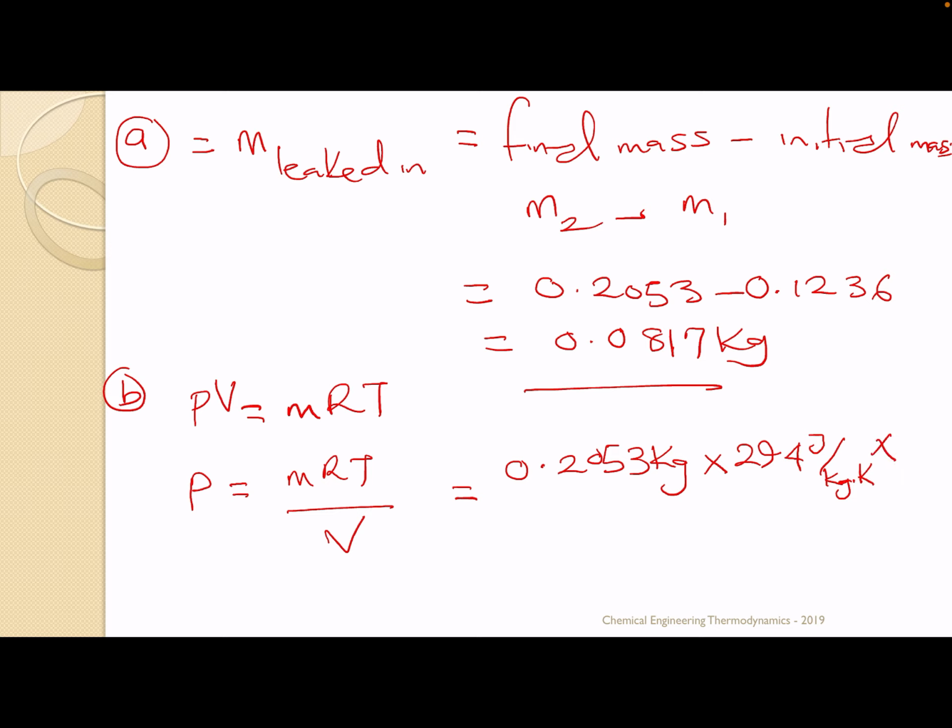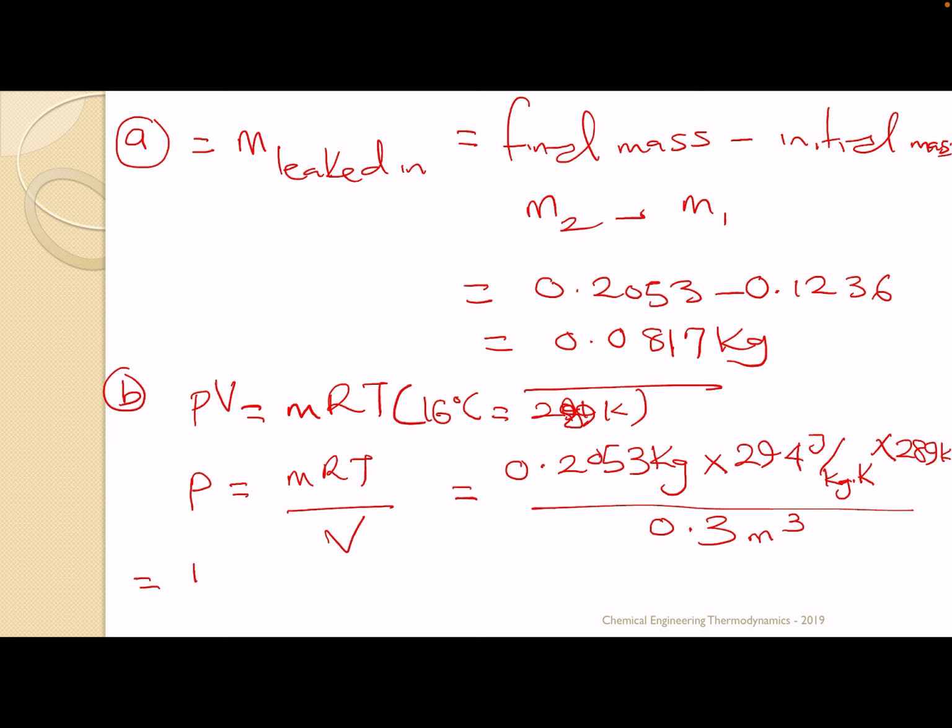And then remember, the temperature is 16 degrees C, which is 289 Kelvin. So if we plug that in, 289 Kelvin divided by 0.3 meter cube.